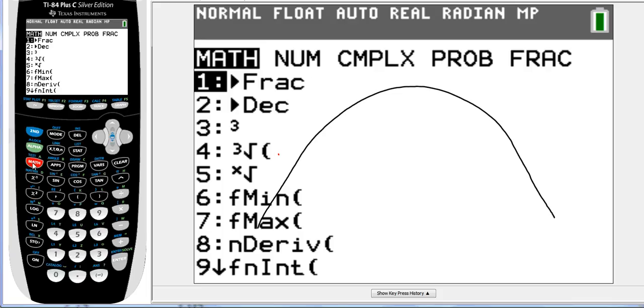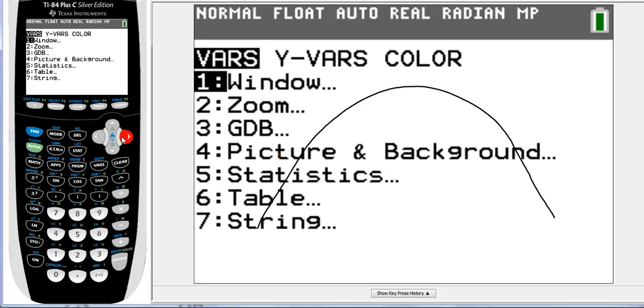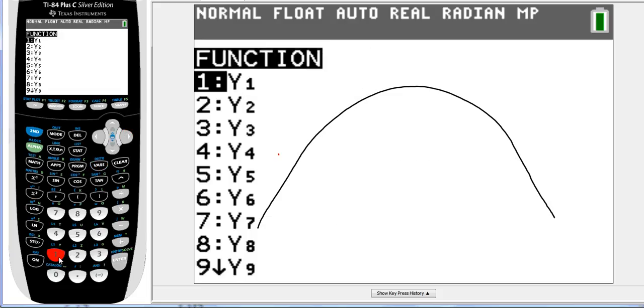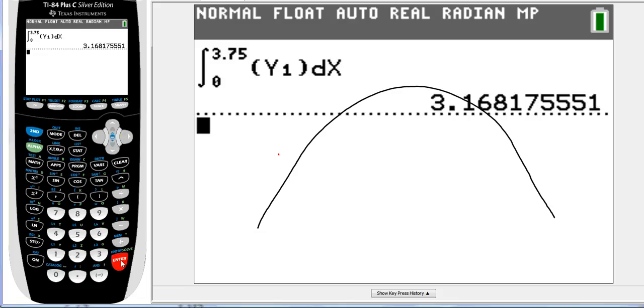I'll do math and choose the integral, number 9, to figure out how much the ball is moving from 0 seconds to 3.75 seconds. So 0, 3.75. I can type in the regression equation, or I can just tell my calculator to pull it from y1 so I don't have to retype it, with an x in there. Hit enter, and I should get about 3.16.